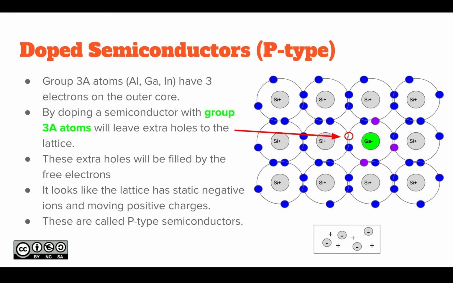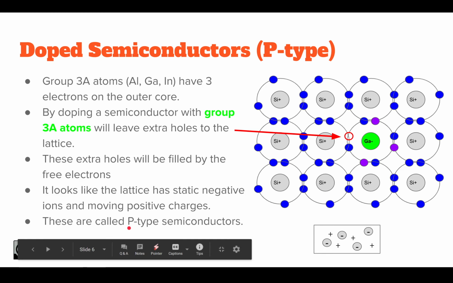So practically it looks like the holes are moving. The electrons like to stay on those empty vacancies, but now we have holes which are positive charge carriers. That way we have P-type semiconductor.